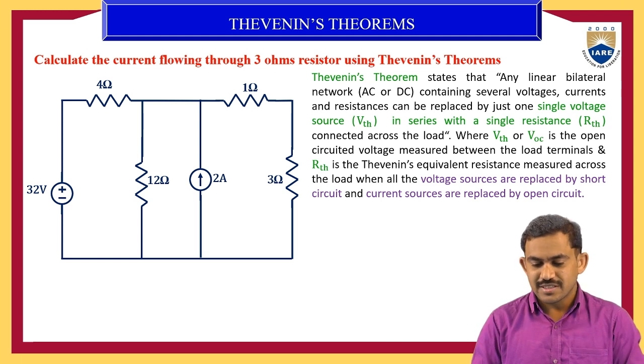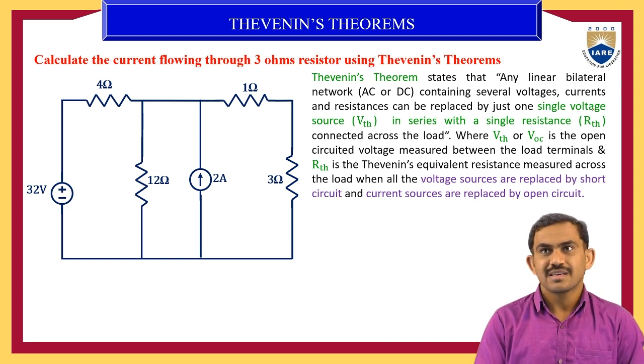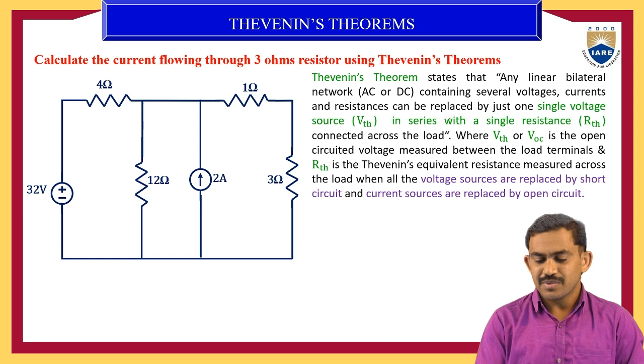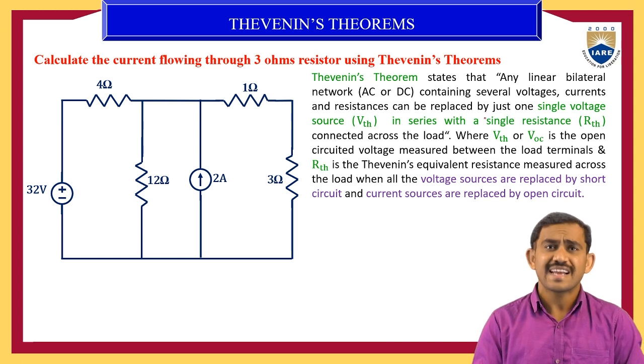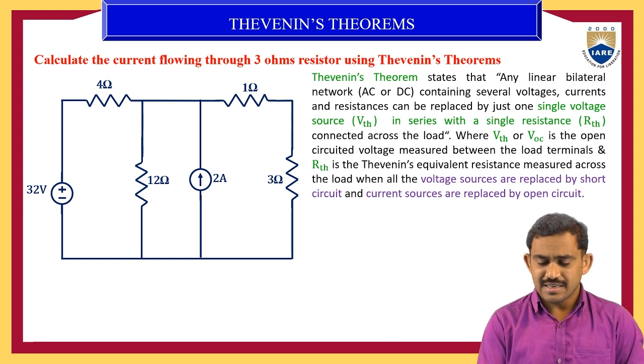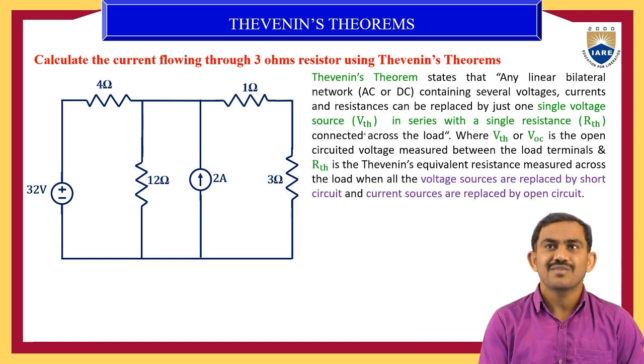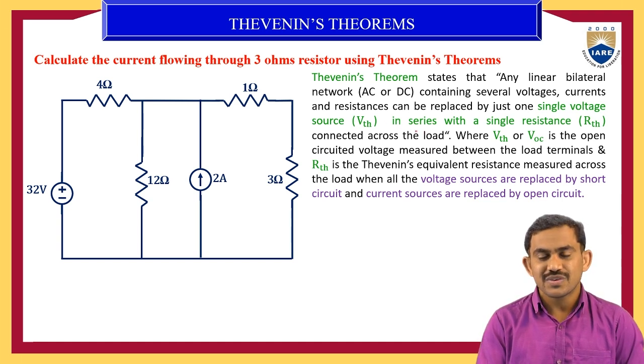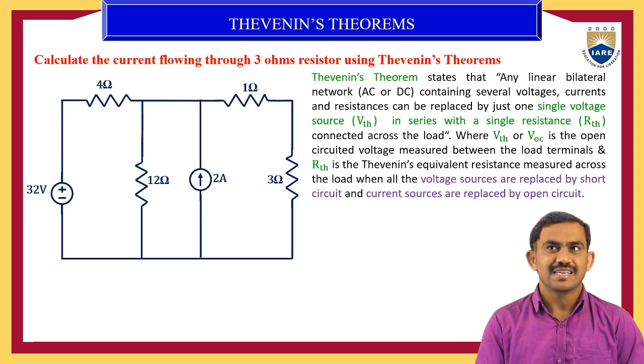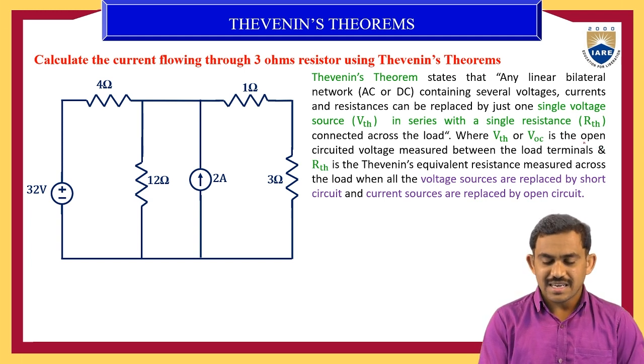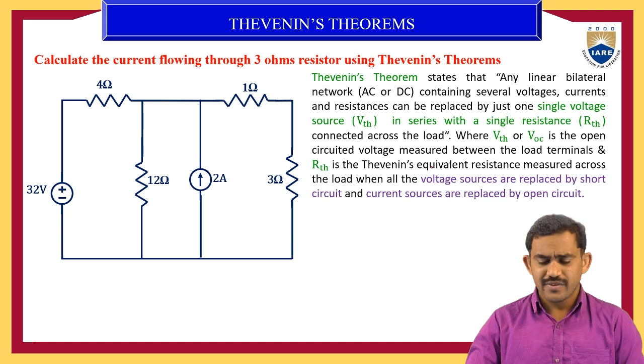So here your statement is: any bilateral network, AC or DC, consisting of several voltage sources or current sources and resistors can be replaced by one single source, that is VTH, in series with a single resistor, that is RTH, connected across the load. The load terminal is the same.